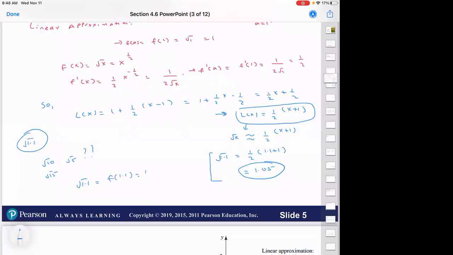You should be getting 1.0488. Look, they're very close, aren't they? This is our approximation. This is our exact value. They're very close. So I think you'll get some problems when you need to find the error and percent of error.